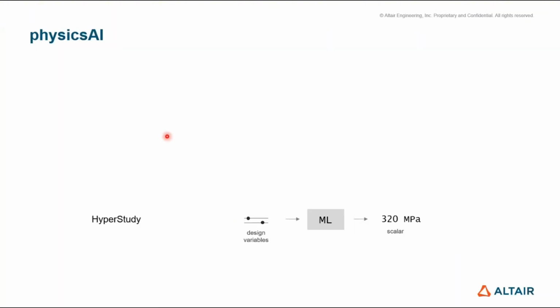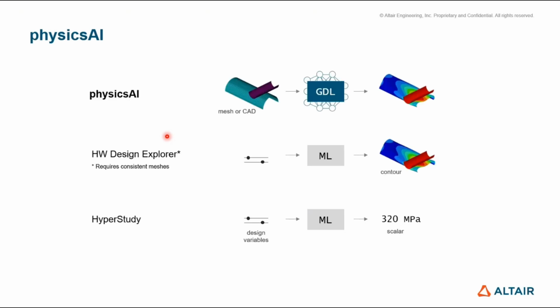So what's the difference between physicsAI and another machine learning product of ours, which is HyperStudy, right? With HyperStudy, you first need to build your variables, right? So you need to specify certain values as parameters to set them up, so you need to set your design variables.